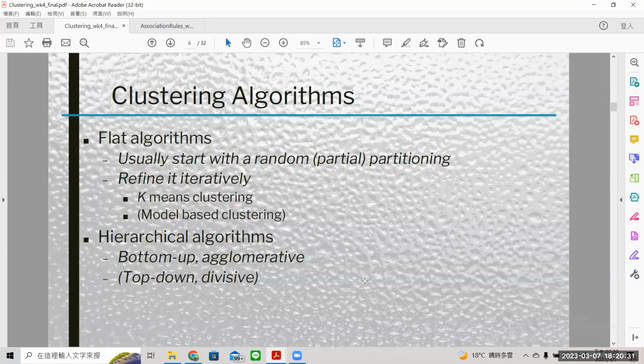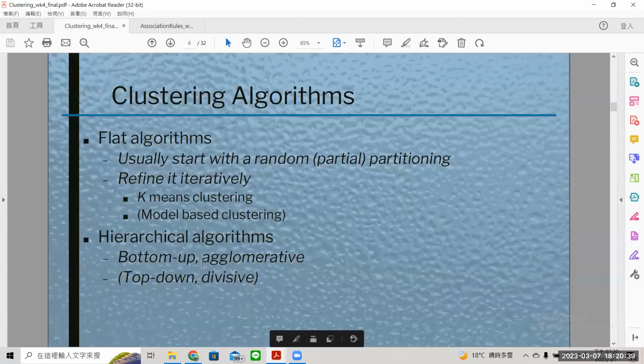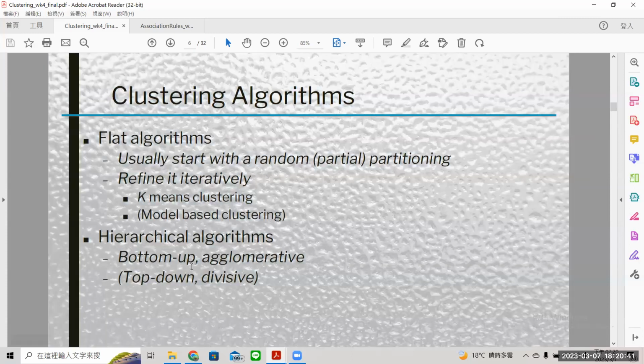Okay, and now let's see the clustering algorithms. There are some. This week I will focus on one, k-means clustering, and the other one is the tree, which you can call the agglomerative algorithm. It is like a tree.